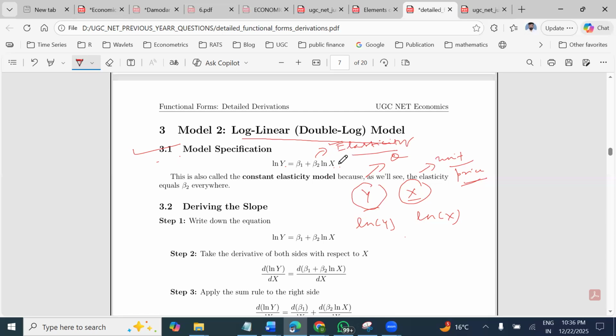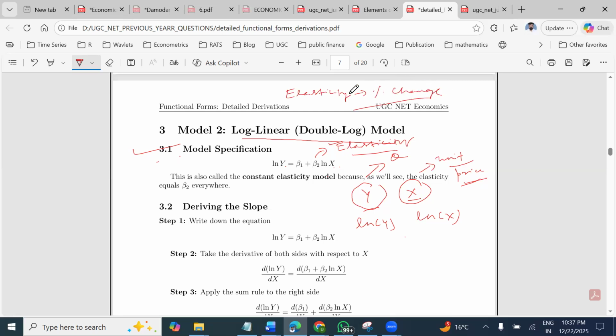That is also fine, that is the application of this model. Now I am asking about the interpretation. Because elasticity means percentage change, you have to remember this keyword. Whenever elasticity is there, it means percentage change.